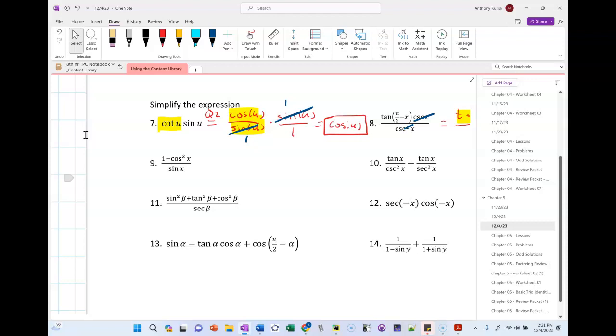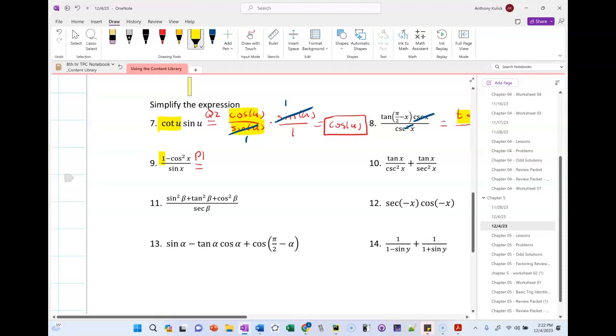Definitely a P. Probably not P2, because I don't see cotangent or cosecants anywhere in my problem. P1. Now, how am I using P1 here? I'm going to replace the 1 with sine squared plus cosine squared.